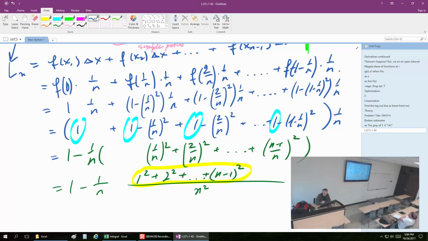So that's the goal: simplify. Why do we want to simplify to begin with? Because right now we're supposed to take the limit of this. Where does this go as n goes to infinity? The answer is very complicated. We never faced anything like this, because the part in the middle is the problem.